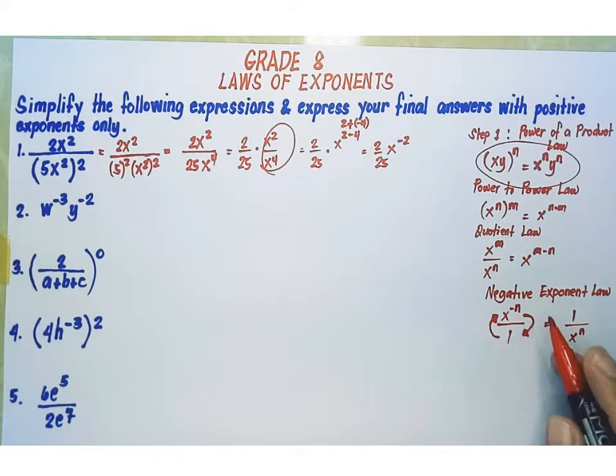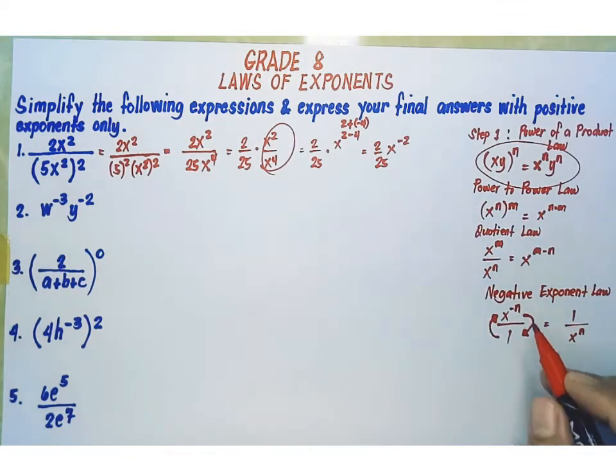Your exponent is no longer negative n. It becomes positive n. Pag nag-transfer ka from numerator to denominator, ganon din ang mangyayari if you transfer an exponential term from denominator to the numerator. So, sumasabay yung changing of sign of the exponent.